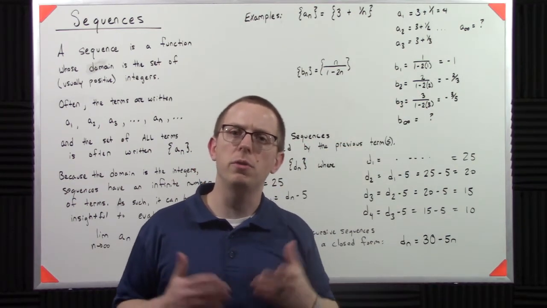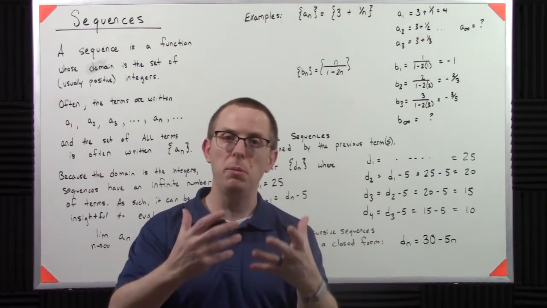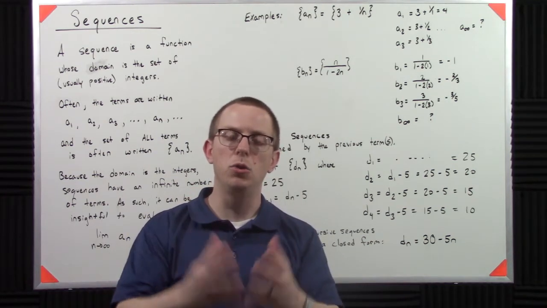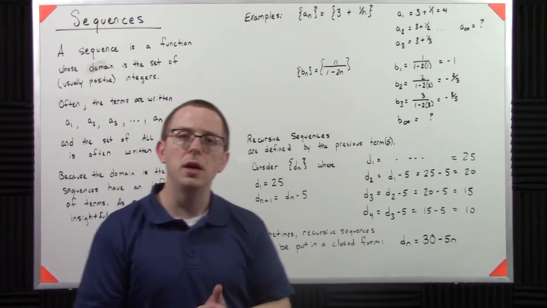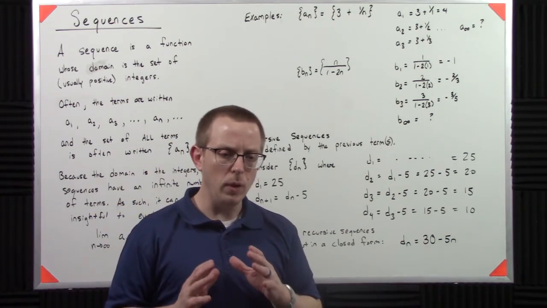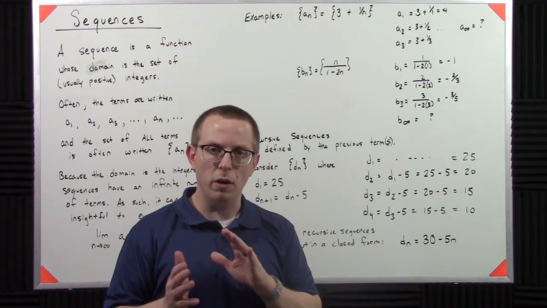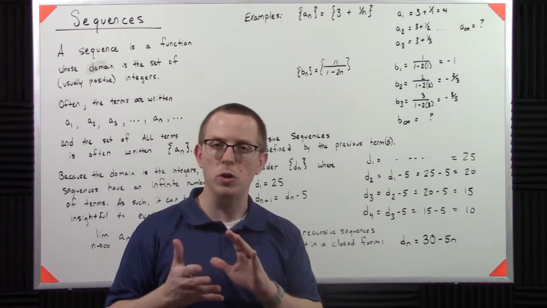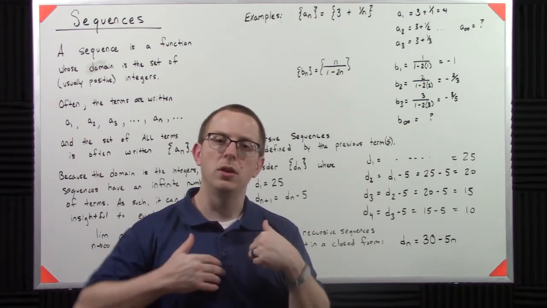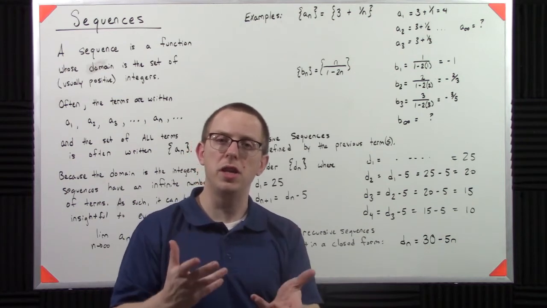Now you might ask yourself, okay, how do I get the limit of this sequence? How do I take n to infinity? Well, you have to be a little bit careful because this doesn't always work. But what you can do is take the limit of the continuous function.